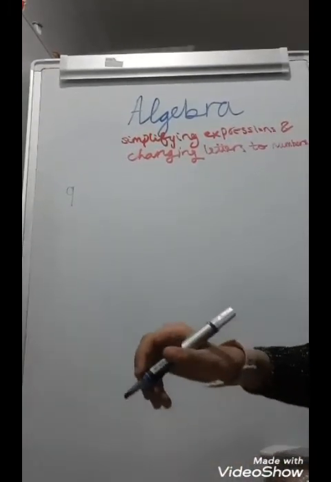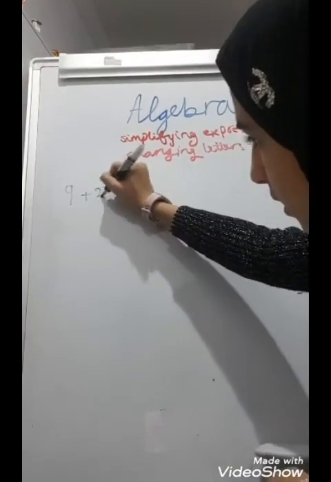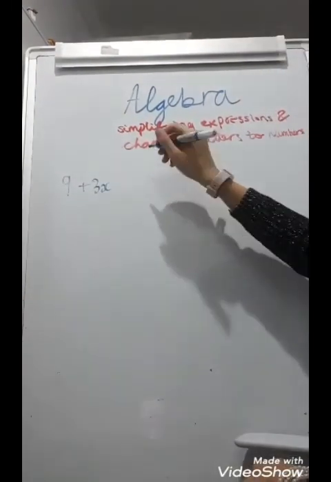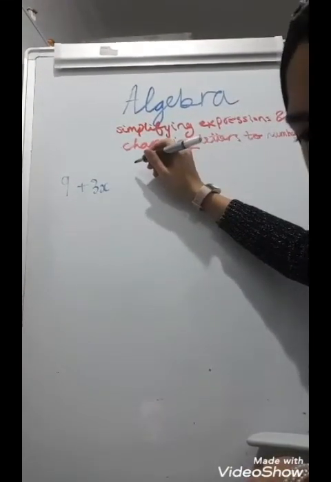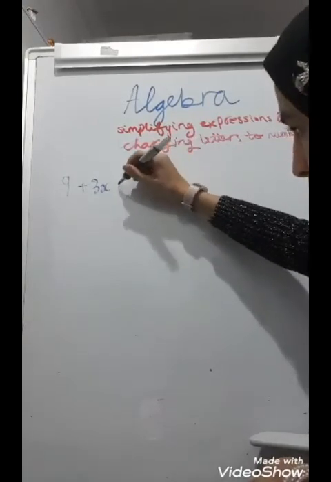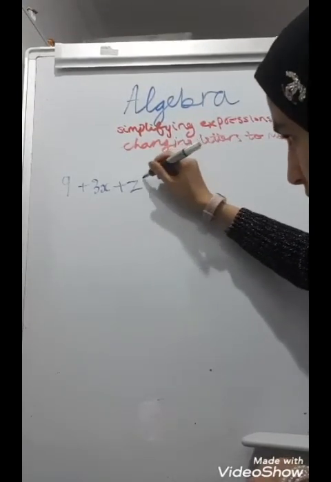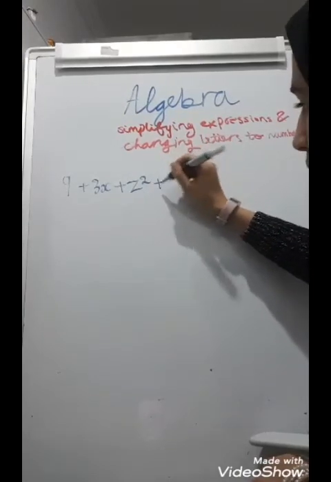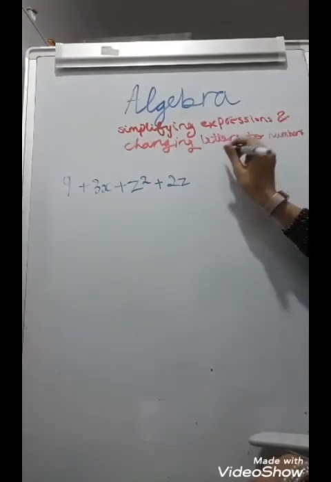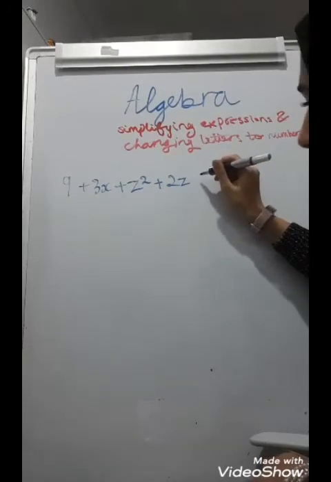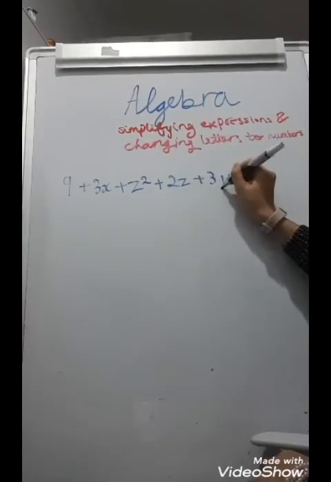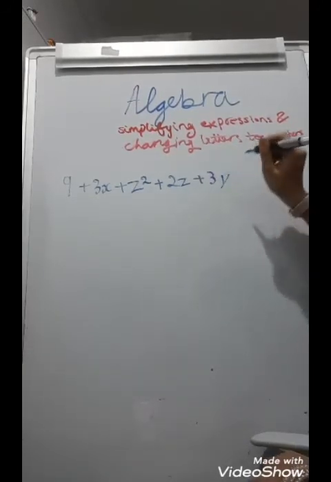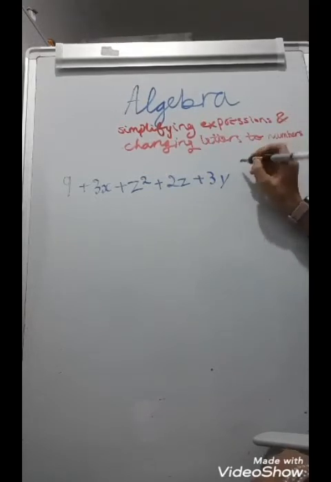So it's 9 plus 3x plus z to the power of 2, so z squared, plus 2z plus 3y plus 7 minus 5x.